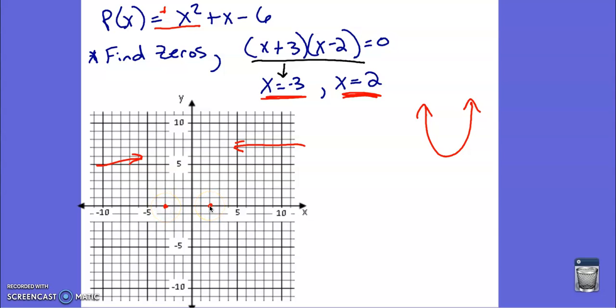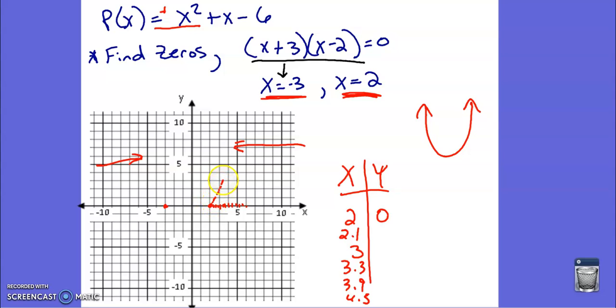But notice if I started plugging x's in, so just think of the xy chart. I know at 2 it's 0. What happens if I plug in 3, or 2.1? As I go a little bit bigger, 3.3, 3.9, 4.5, notice what's happening to that function.